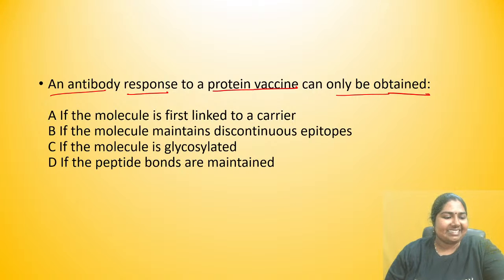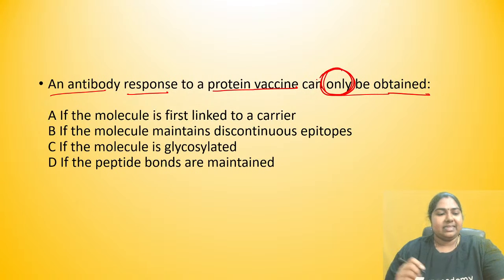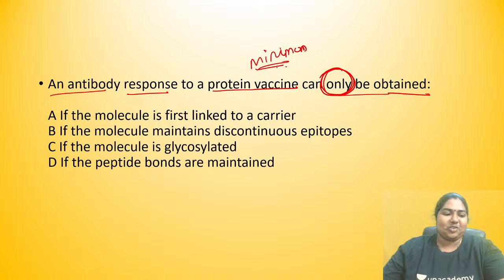Come on, guys. So an antibody response to your protein vaccine can only be obtained, that means this is a minimum point. Other ones may maximize, but the minimum pass mark should be there. So which is the minimum pass mark?